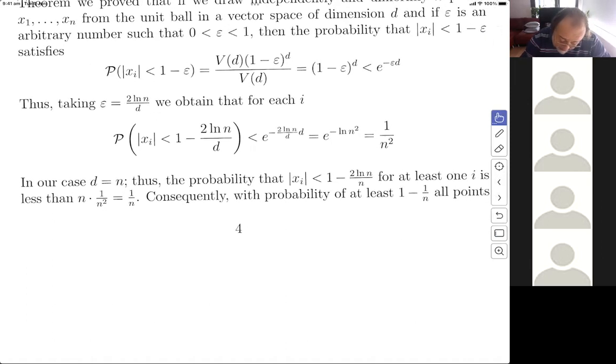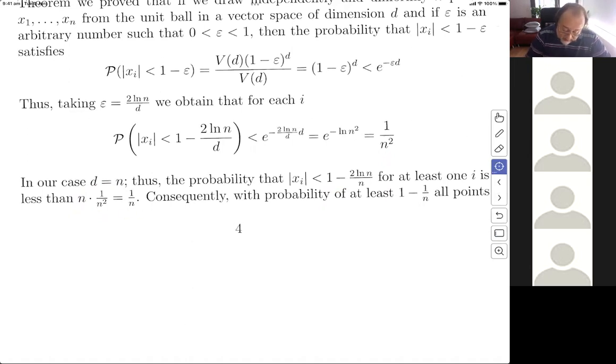By the union bound, we conclude that the probability that at least one drops below this bound is smaller than n times the probability for each of them, so n times 1 over n squared, which is equal to 1 over n.